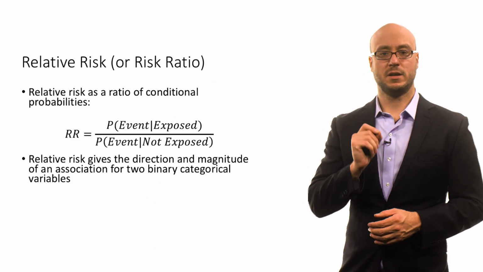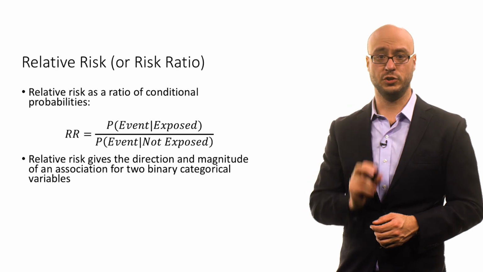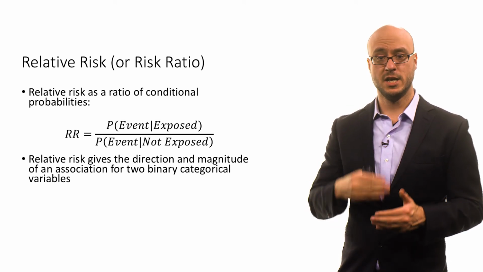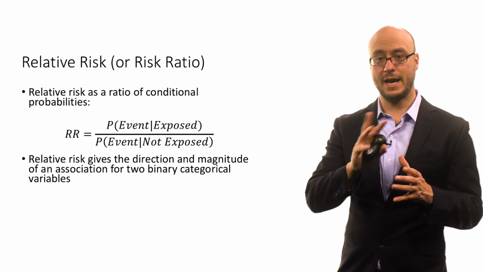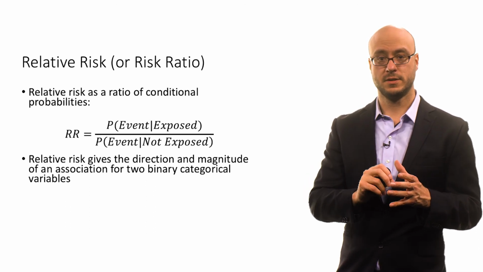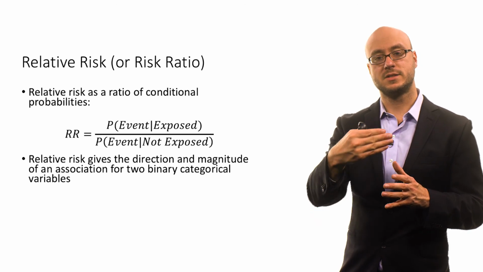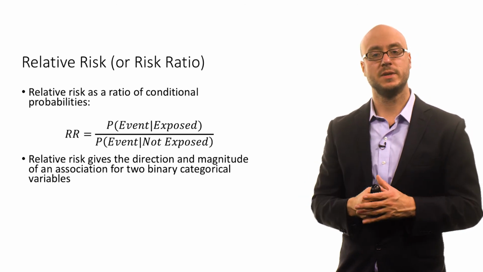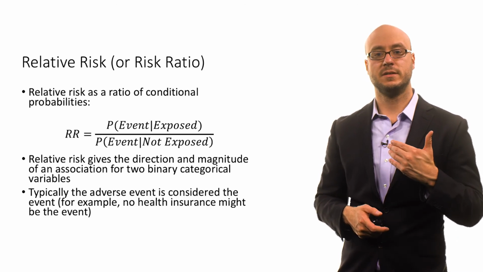The idea behind relative risk is that it gives the direction and magnitude of association for two binary categorical variables. So it's used when you have a contingency table of two categorical binary variables, and in particular, you're interested in some event given some exposure. Typically, the adverse event is considered the event.